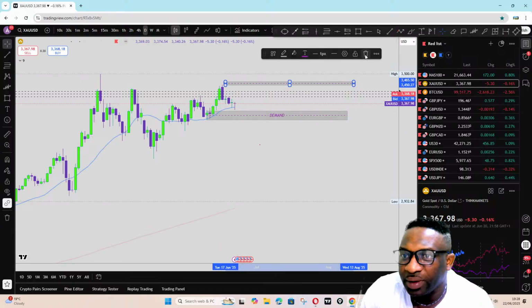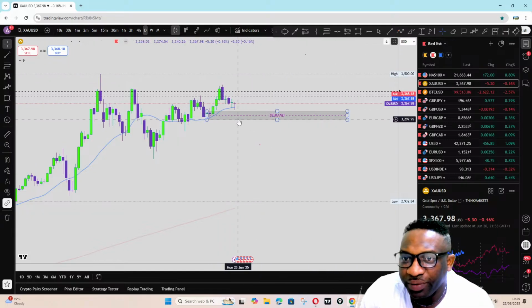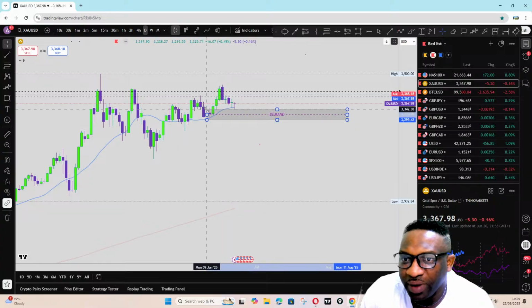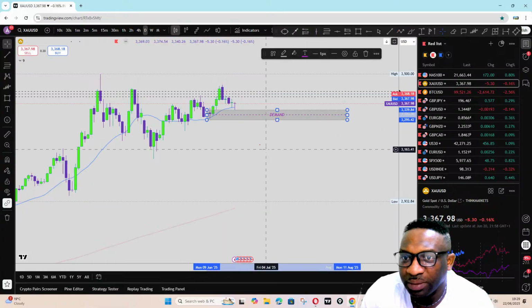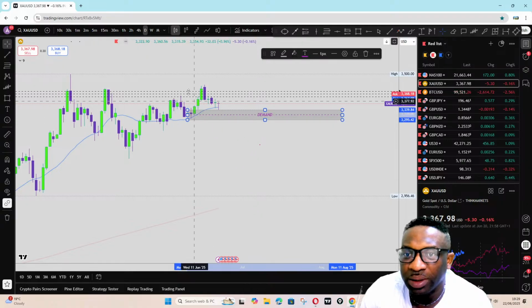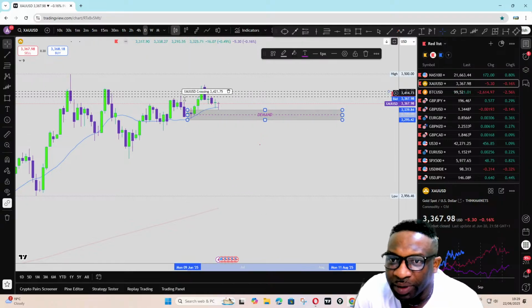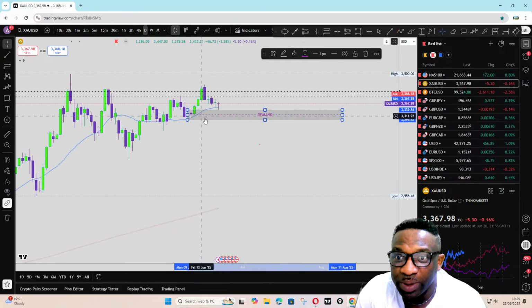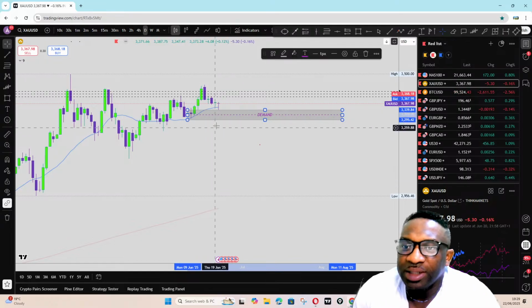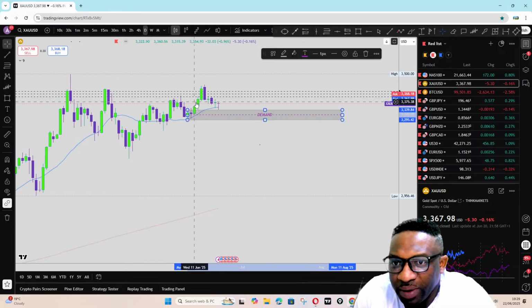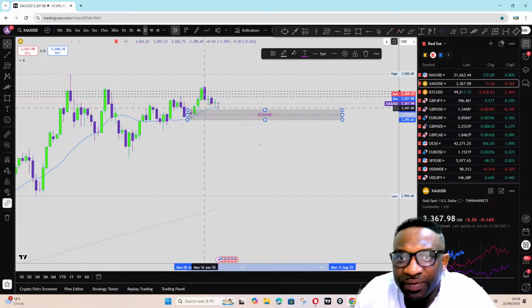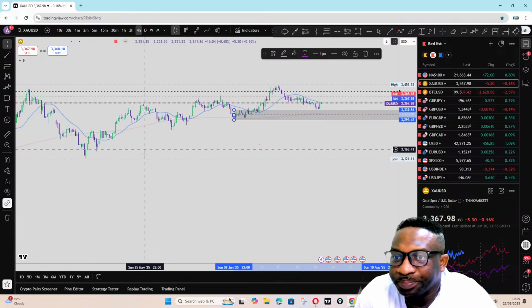Take this off for now. So this now becomes our area of interest. Then we're going to be refining it to get a clearer picture. So as we can see on the daily time frame, there is no area of imbalance or fair value gap identified here. So we'll go down to the smaller time frame.